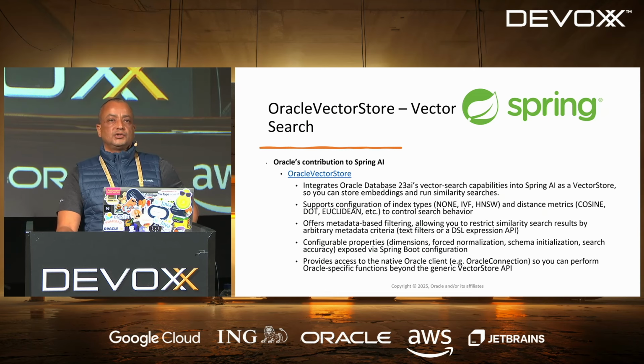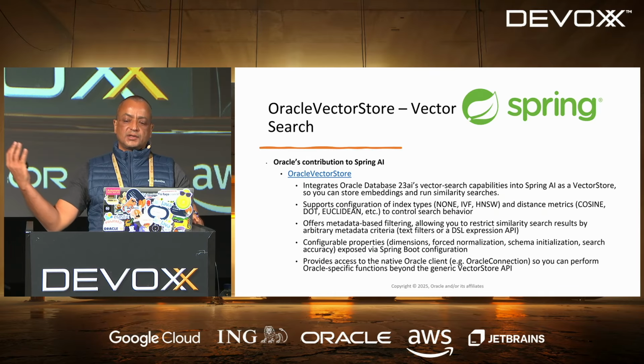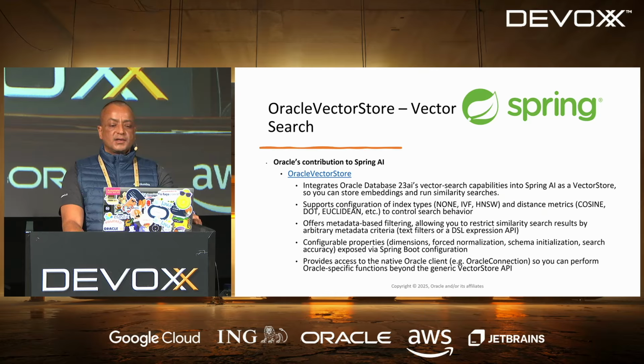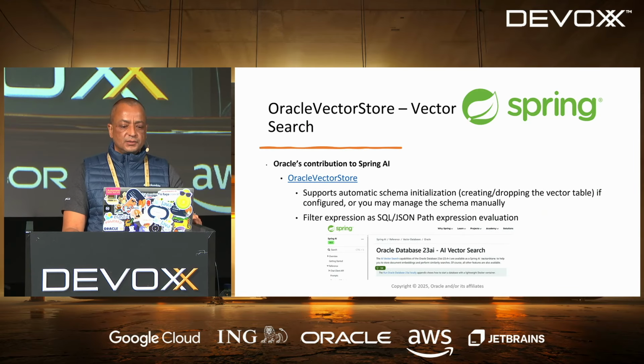You can just use the Spring AI extension that we provided for the Oracle vector store, and then use the vector data store that is provided by Oracle as the mechanism supporting your embeddings. It's extremely easy to configure as well.